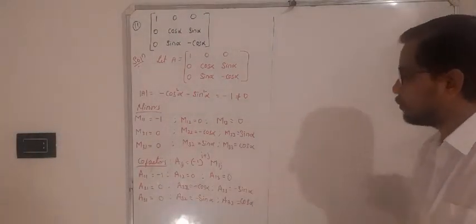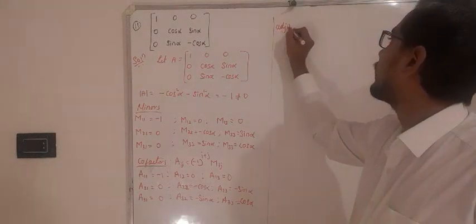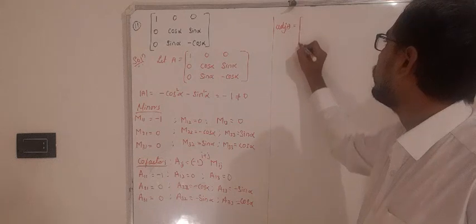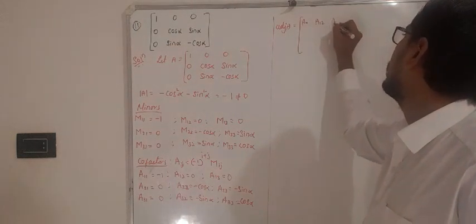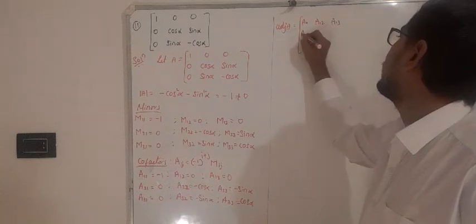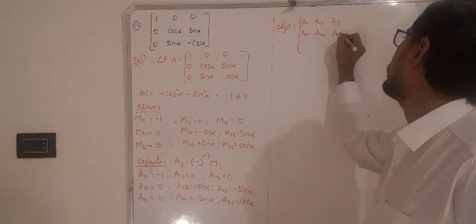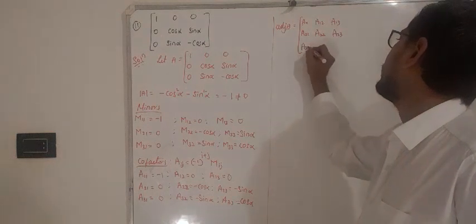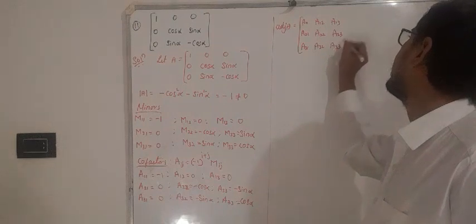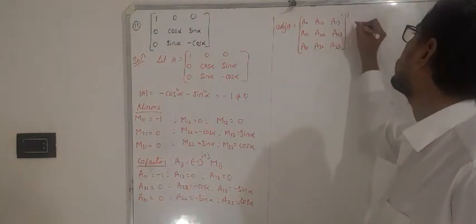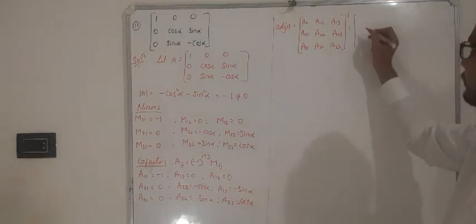So let's move on to the next part, that is the adjoint of A, equal to the matrix [A11, A12, A13; A21, A22, A23; A31, A32, A33] transpose. So what is A11?